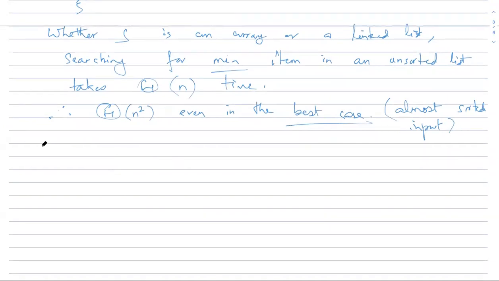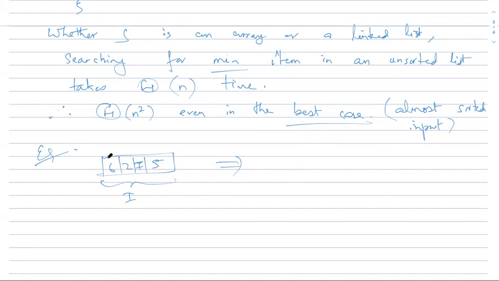So let's see with the same example. So we chose 6, 2, 7, 5. So this is an unsorted input. So we have to select the minimum possible key at every step.